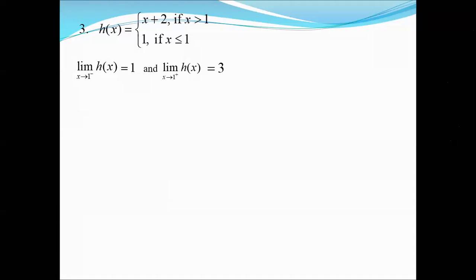Here the limit does not exist, so h is not continuous at 1. But if we take any point greater than 1, then the value of function is x plus 2, and x plus 2 is continuous. And for any number which is less than 1, the value of function is 1, and a constant function is again continuous. So h is continuous everywhere else other than 1.